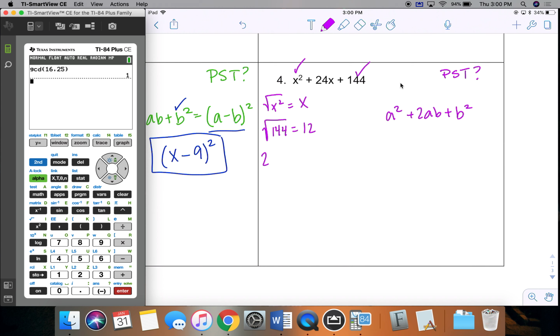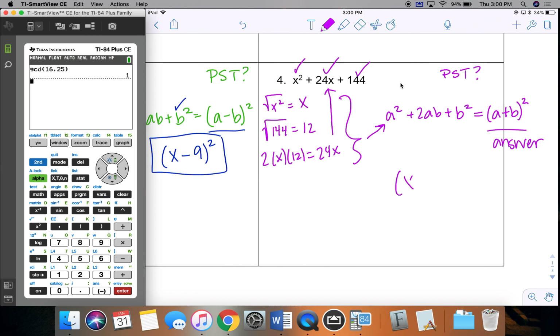If I do 2 times a times b, does that get me back to the middle term? Yes, it does. So I use my formula. This fits in my formula, which is what we check. So this is us checking to make sure that it fits this formula. This is how I write my answer. So a is x, b is 12, and x plus 12 is squared.